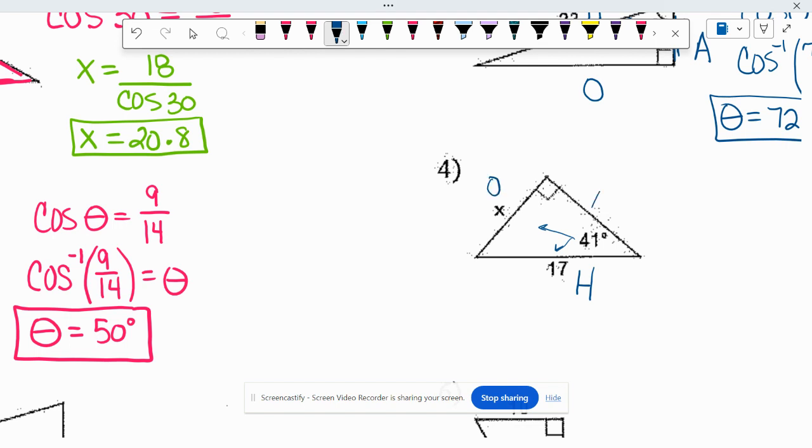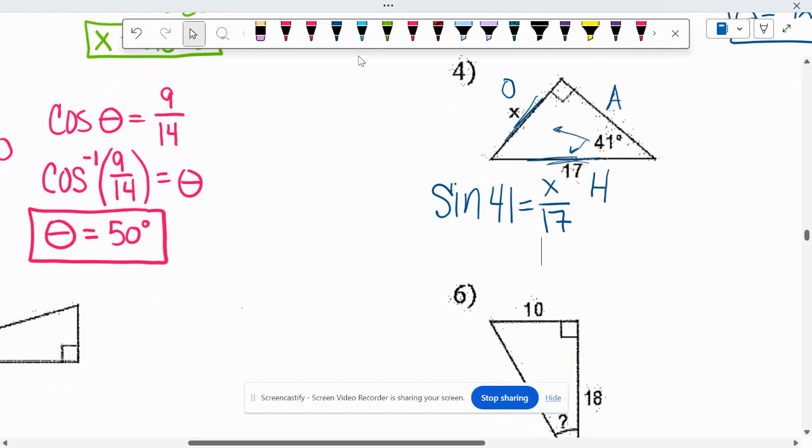Awesome. All right. So Colt, what trig function uses O and H? SOH. So sine. So the sine of 41 equals my O, which is X, over my hypotenuse, 17.